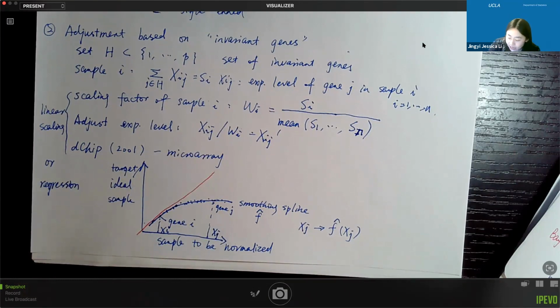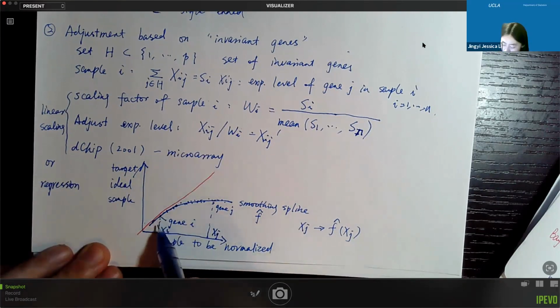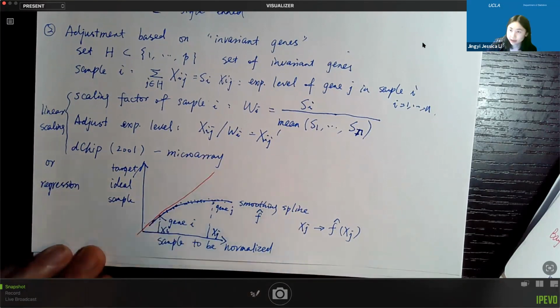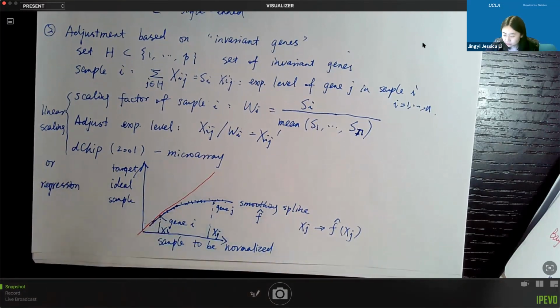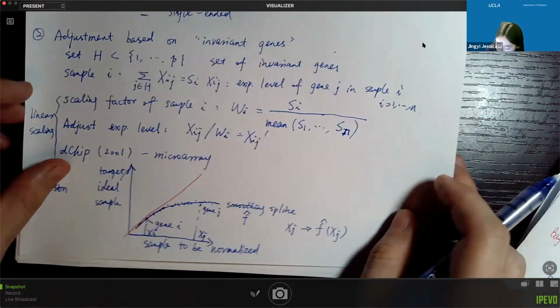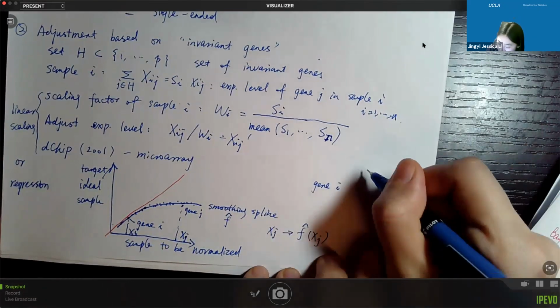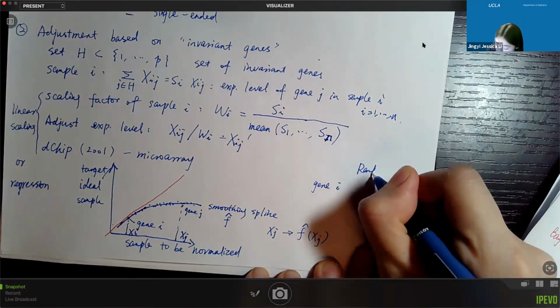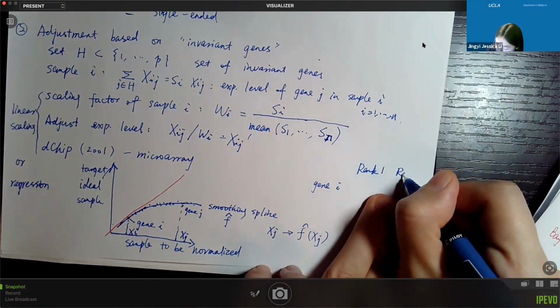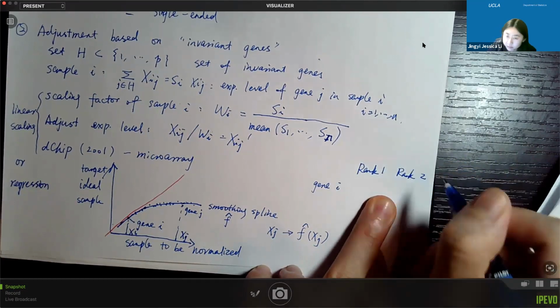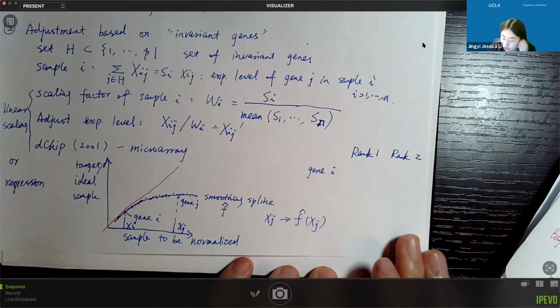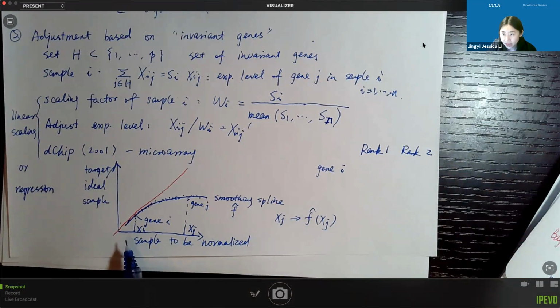And in that iterative procedure, what does it mean? It first tries to find a rank for every gene in the two samples. So for gene I, we will have a rank 1 and rank 2 in the two samples. Let's say I rank the genes from the lowest to the highest, or highest to the lowest.